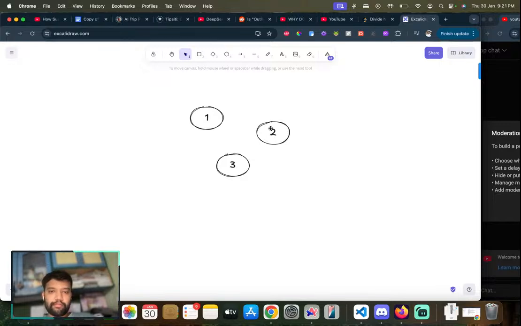Two should be in another group, so two can't be in the same group, and this distance will be 1. 3 should also be in that group, but as 3 and 2 are connected, they can't be in that same group. So therefore, we will get -1 as the answer.